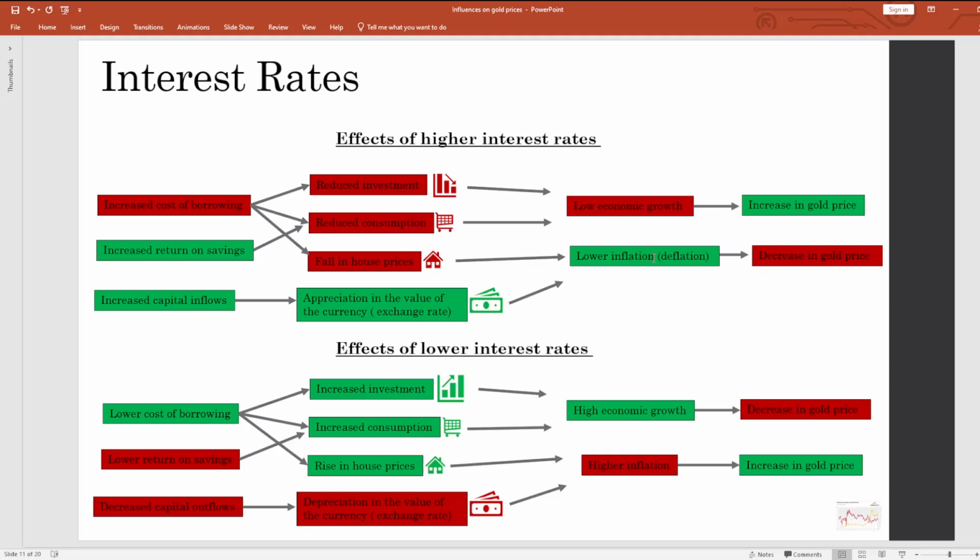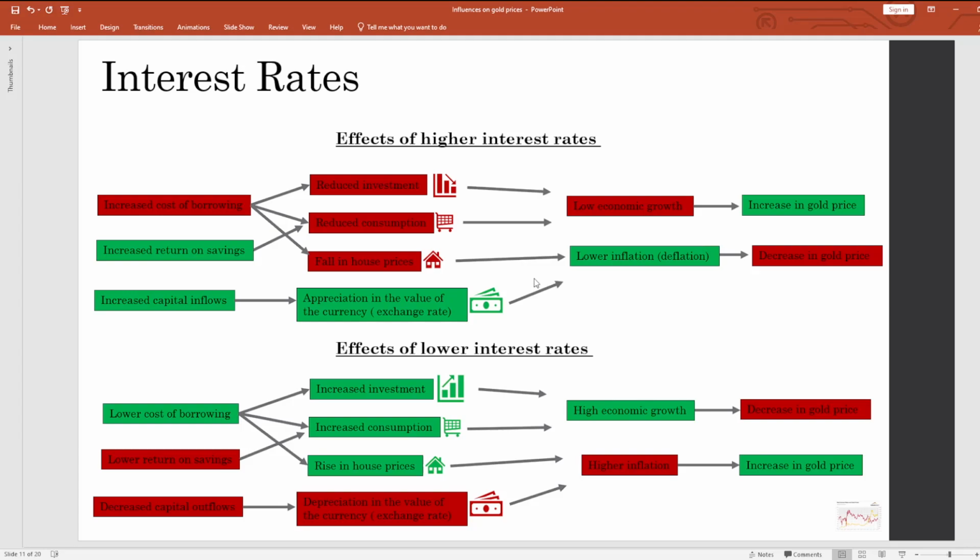So if there is no inflation, there is no need to hedge against anything. That should cause the price of gold to decrease. But we need something more. We need to dig a little further to see the actual relationship, to see if there is something else going on. I will get to that point a little bit later on.